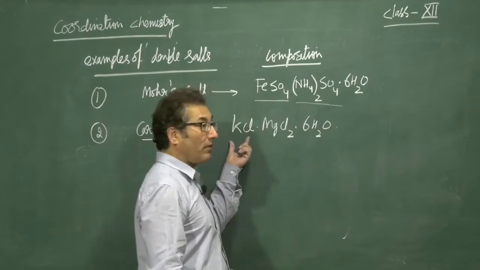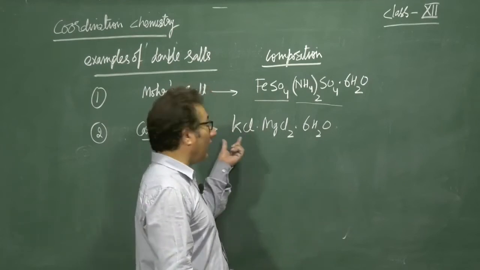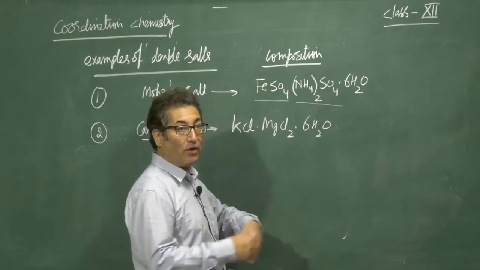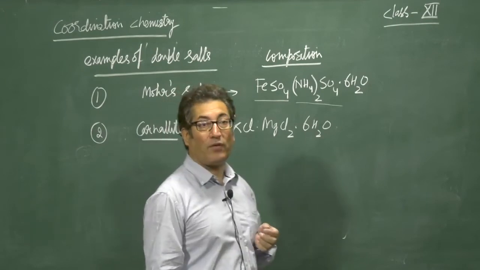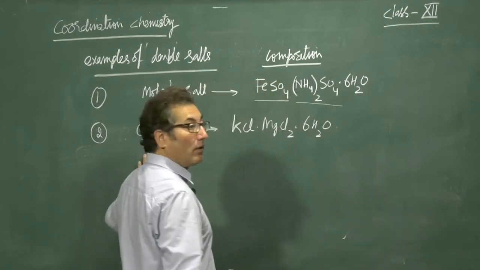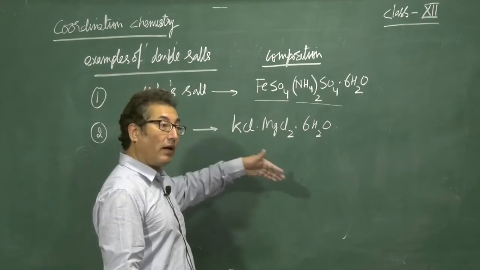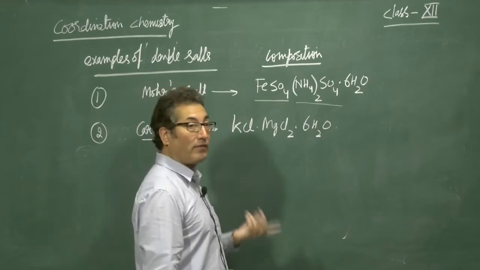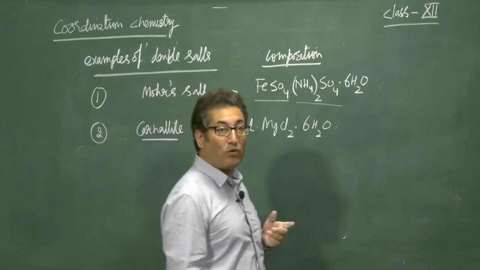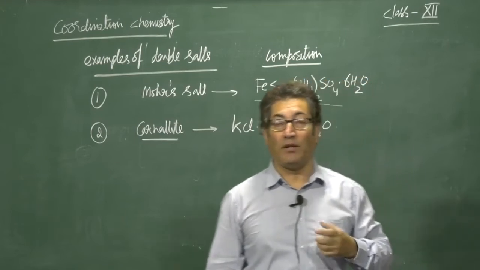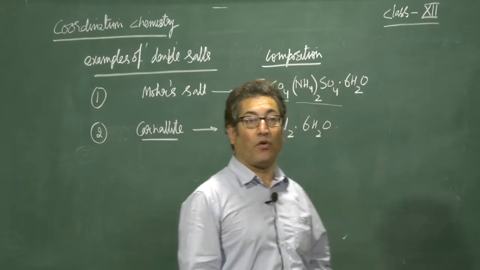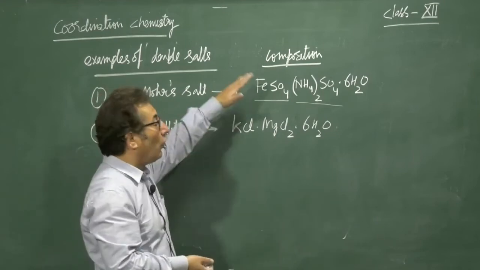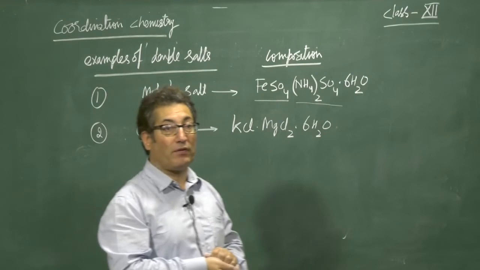You take magnesium chloride aqueous solution and potassium chloride aqueous solution in equal quantities, equimolar. Then you crystallize the solution. On crystallization, you will get crystals of carnallite with this composition. Again, on the basis of the question we did for the other double salt, you can do this question yourself: when you dissolve 1 mole of carnallite in water, how many ions will be formed in aqueous solution? So these are the compositions of double salts, present only in the solid state.